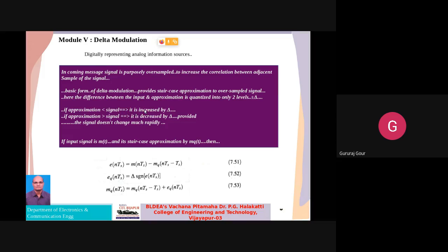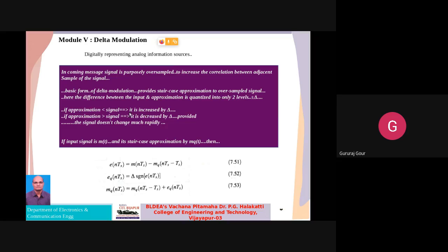Sorry, I have written it reversely, so I will do the correction. Here the approximation is more than the signal level, that's why it is represented by 1. Here the approximation is coming below the signal level, that's why it is 0.